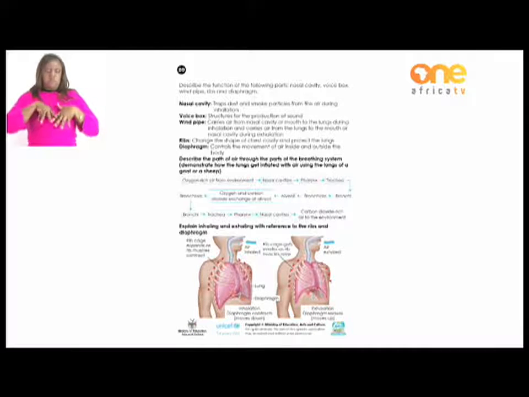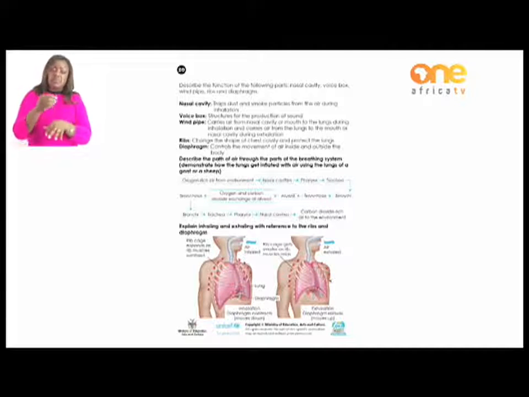Now, we might find ourselves in dirty environments, which are dusty or having smoke. Now, the nasal cavity is just there to make sure that the air that we breathe in, the dust and all those unwanted particles in the air do not go down until our lungs. Okay?